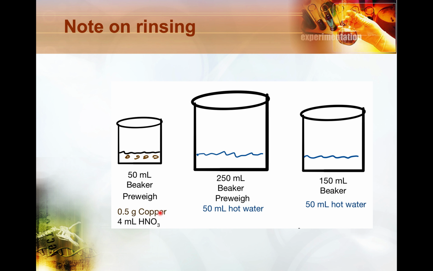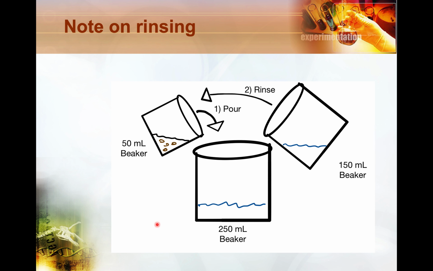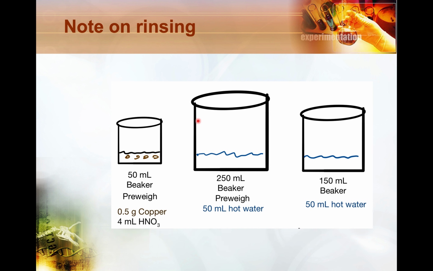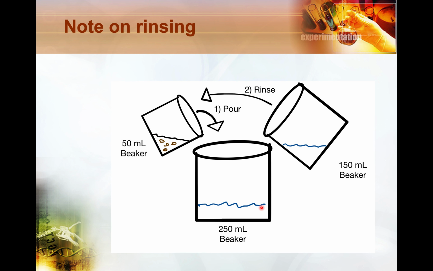Once this reaction between the copper and the nitric acid is finished, you're going to pour the contents into the 250 mL beaker, and then you're going to use the water from this other beaker to rinse out that initial flask. Something I didn't quite hit hard enough: remember, you're going to pre-weigh the beaker before you add the copper and the nitric acid. You'll also pre-weigh the beaker that you're going to be ending up pouring everything into. So remember to do that.